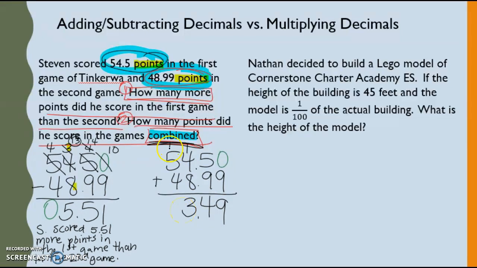I need to regroup here again. So we would say Stephen, we'll abbreviate his name S, scored a total, let's use math vocabulary, scored a total of 103 and 49/100 points. We don't really say that in real life. In real life, we would say Stephen scored a total of 103.49 points.